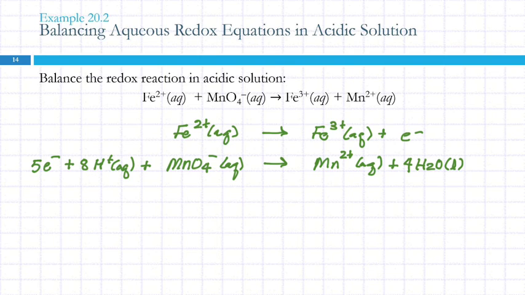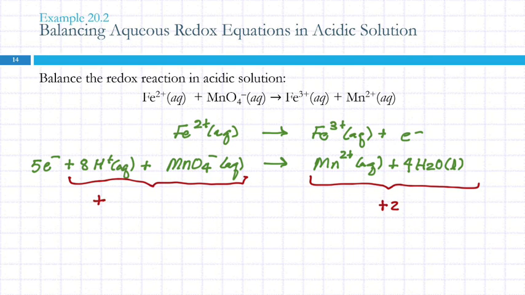And then the charges, so I'm going to add up the total charges on all the products, and I get +2. And before I add the electrons, I've got +8 from that one, and -1 from this one. And those add up to +7.